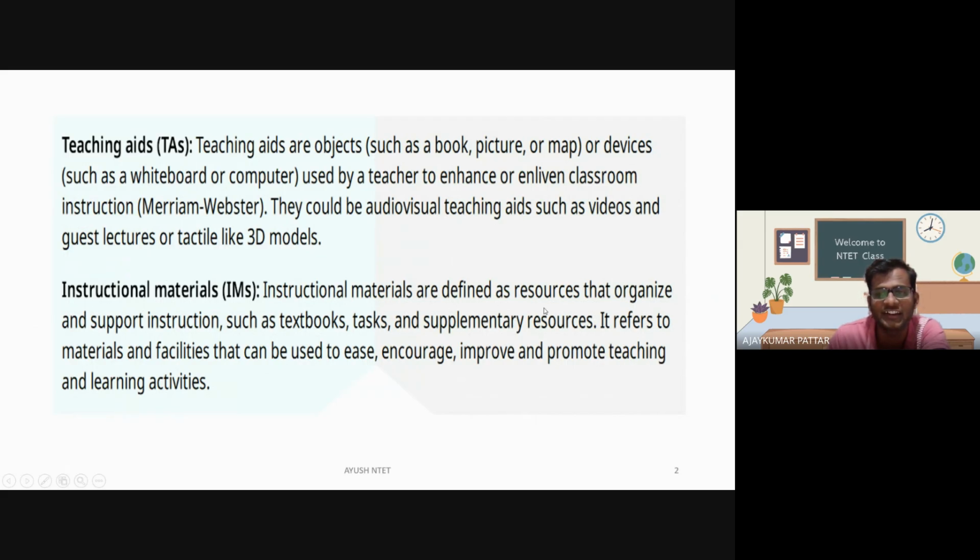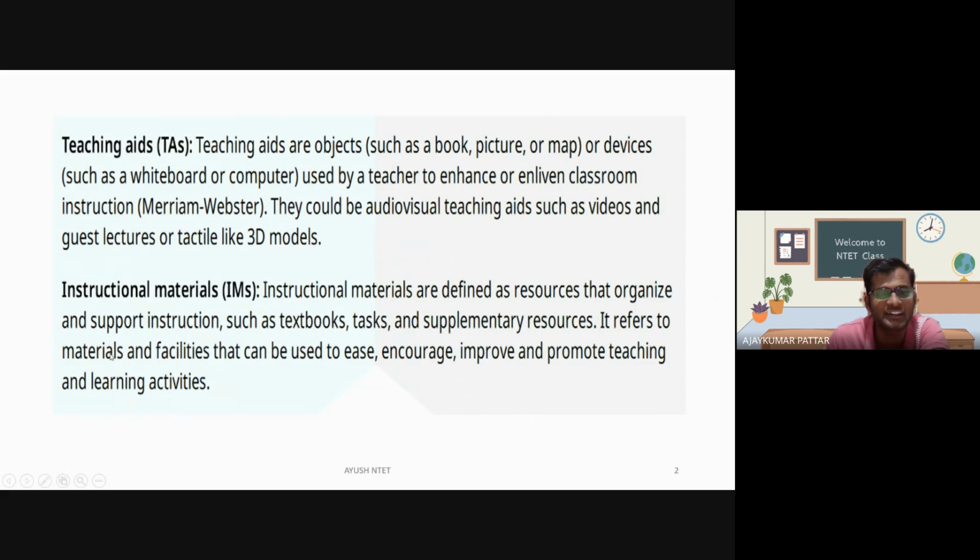Instructional materials are resources that organize and support the teaching, such as textbooks. Textbooks give the content, along with tasks and supplementary resources, that support our teaching methods in the classroom. That we call instructional materials.